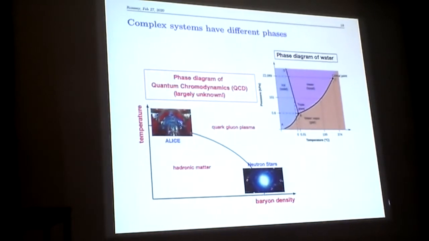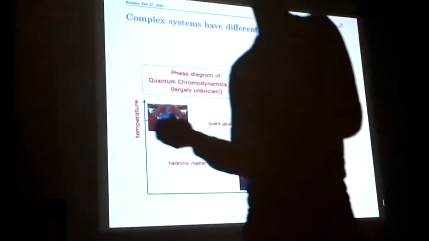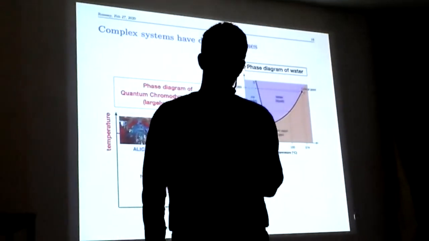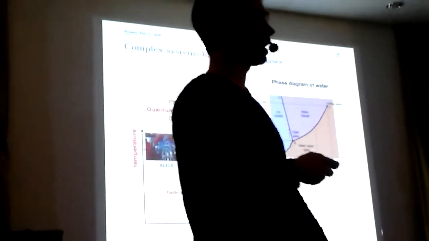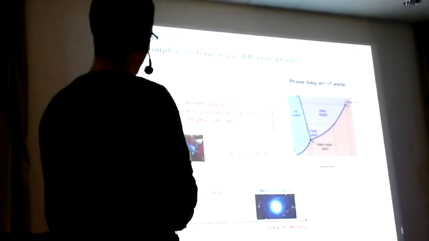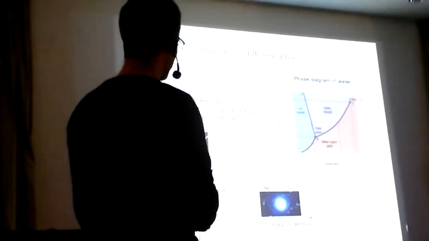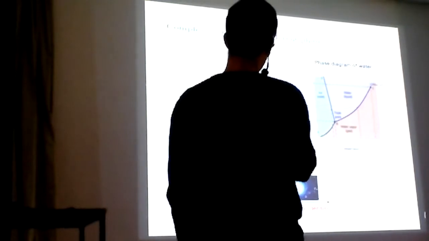And I've just told you that we are now interested in a many-body system, or a complex system governed by the nuclear force. So you can ask the question: what does the phase diagram of this fundamental interaction look like? Right? And I haven't said this, but the fundamental interaction that governs all these interactions of the quarks is called quantum chromodynamics. Here you see chromo meaning color.